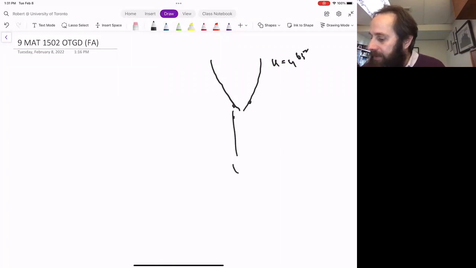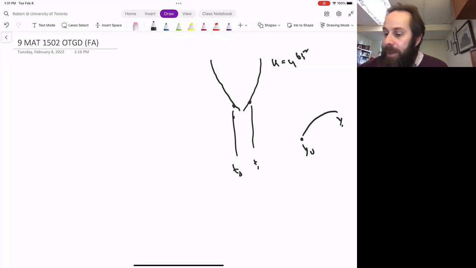We had picked some x0 and x1 for which the corresponding y0 and y1 were relatively far apart. So the change in x was small compared to the change in y.